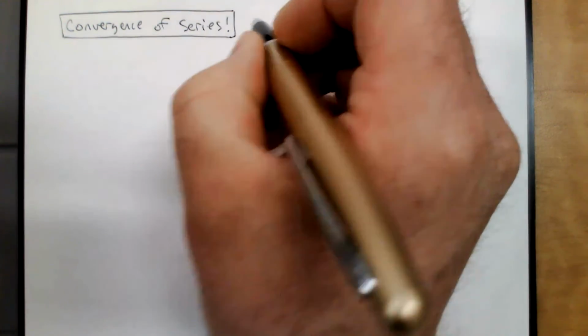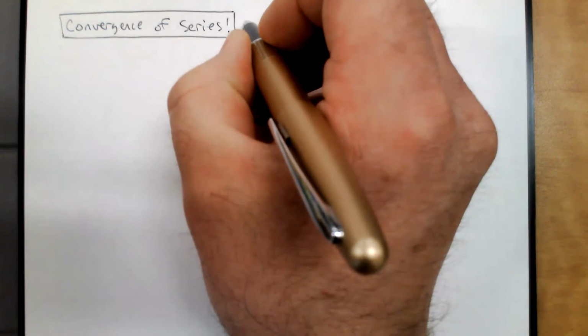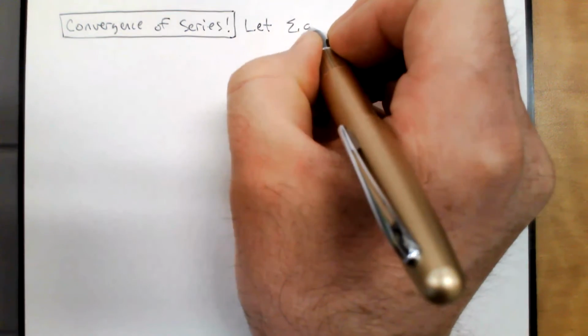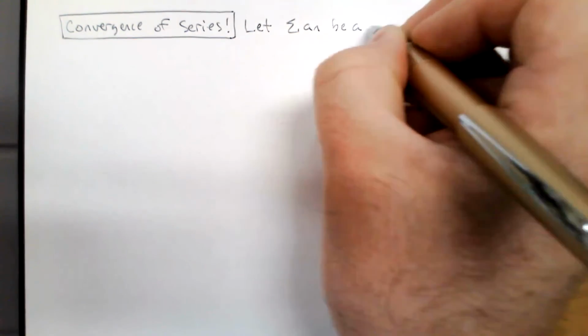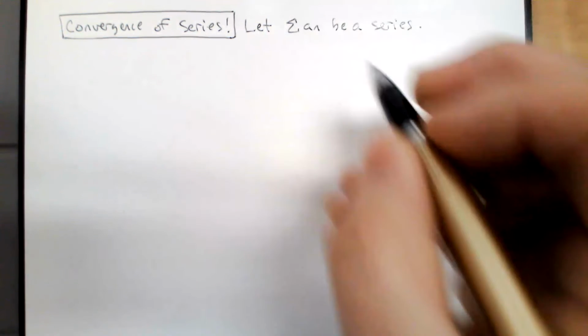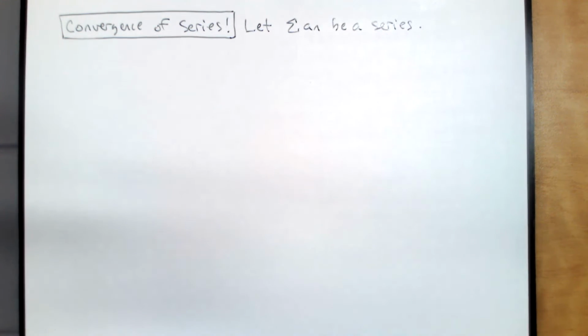Convergence of series. So we're generally going to use summation notation to represent a series. So we'll say something like, let AN be a series. And we're leaving off some information.